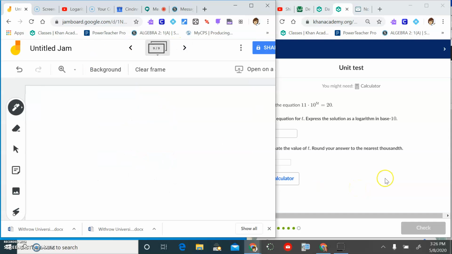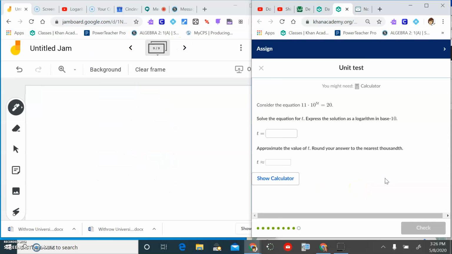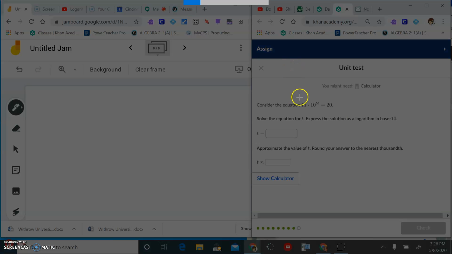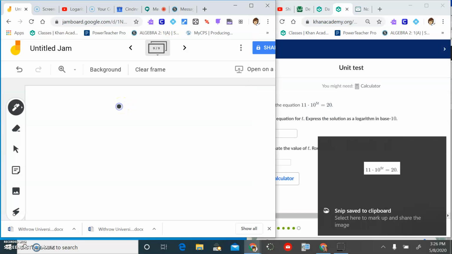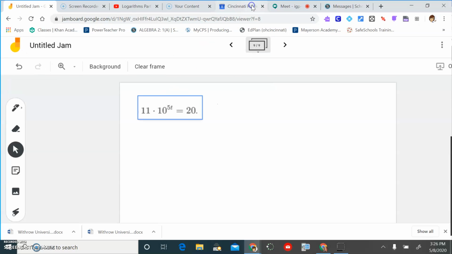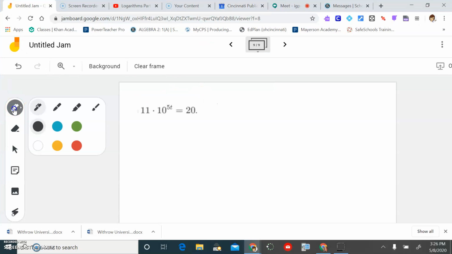Next question. Consider the equation. Solve for t. Okay, so we are solving an equation again. This time we're trying to get t by itself.